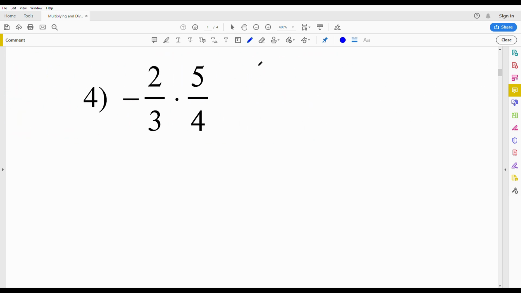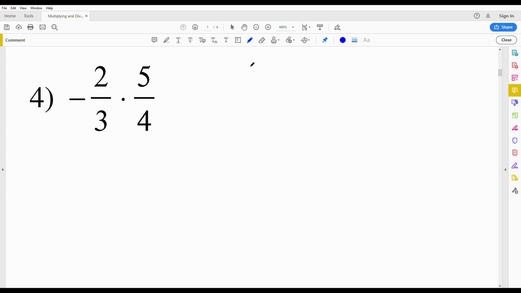In number 4, unfortunately, we don't have a product where the numerator and denominator cancel out, so we'll just do out the math. We have a negative times a positive, so we know we're going to have a negative. 2 times 5 is 10. 3 times 4 is 12. So negative 10 twelfths.